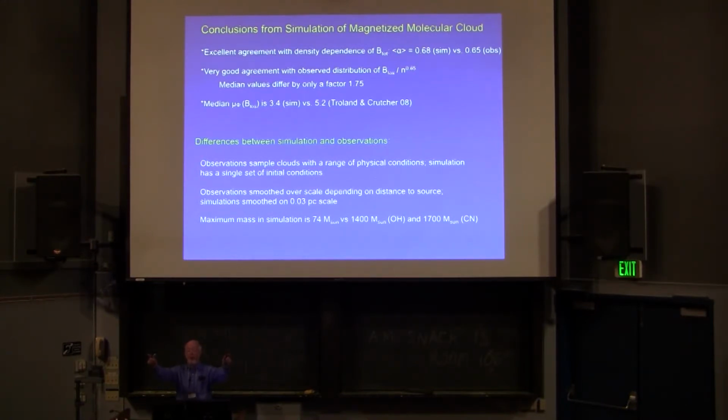The other effect is that our box size was limited to a little less than 5 parsecs. A lot of molecular cores that they saw are in much larger molecular clouds. And because of the linewidth-size relation, that means that the Mach number that these cores are subject to is much higher than the value of 10 that we used. And that could also have an effect.